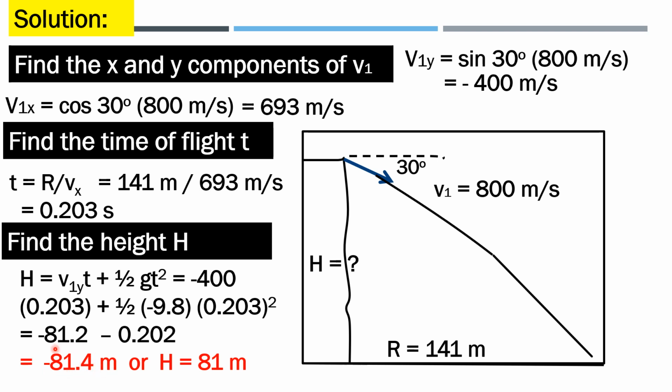All right, displacement is downward or below the top of the cliff, which is our reference. So we consider the displacement below the top of the cliff to be negative, equals 81.4 meters. But since what we are looking for is scalar quantity, the height of the cliff, we just remove the minus sign and conclude that the height of the cliff is therefore equal to 81 meters.